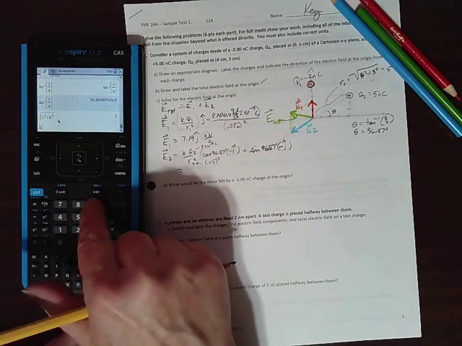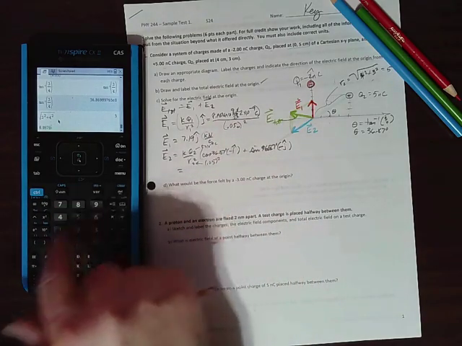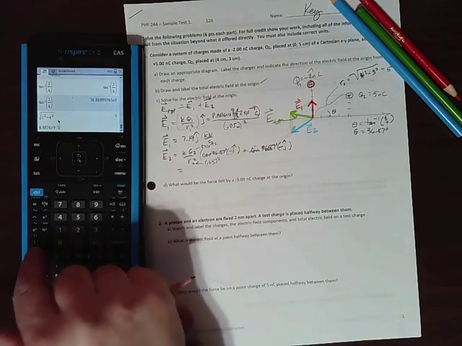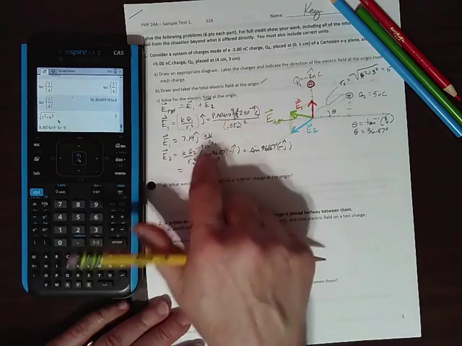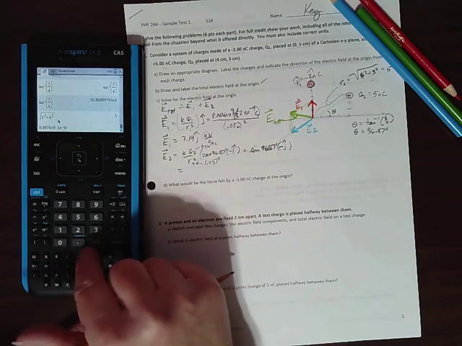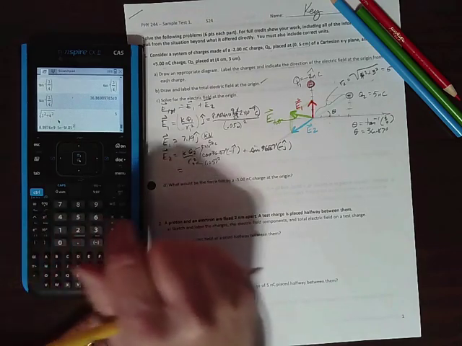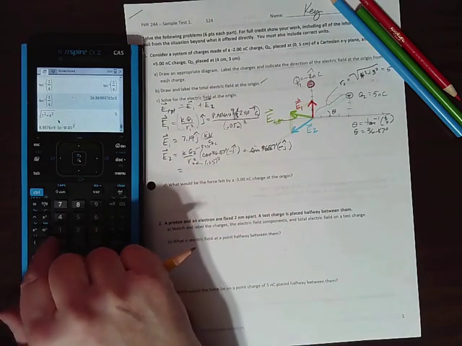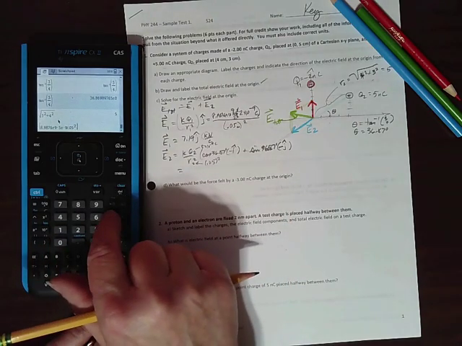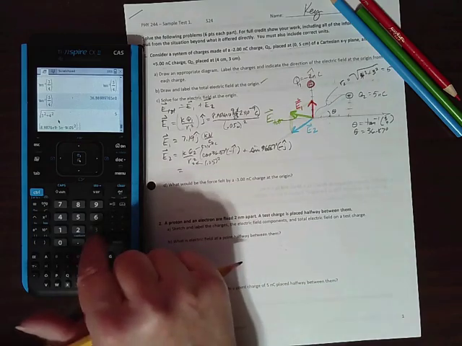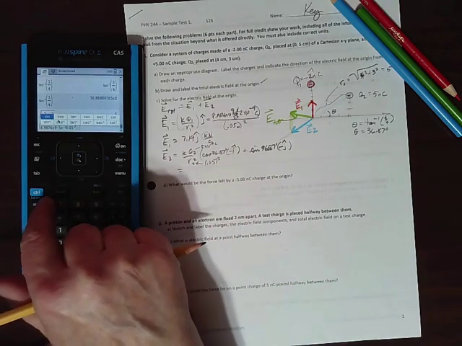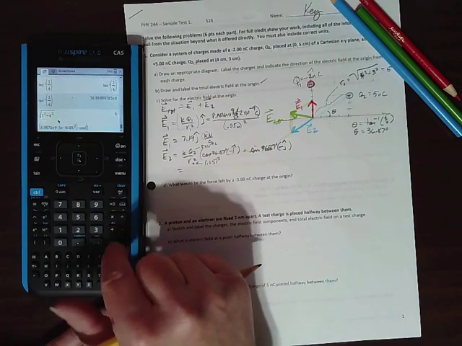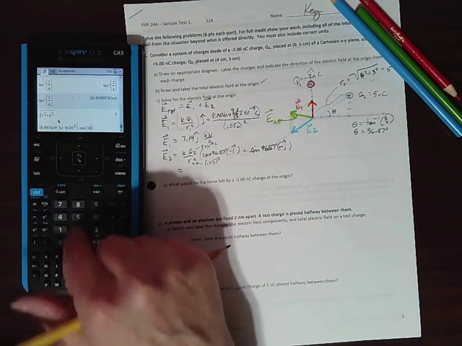So 8.9876 E9 for k, times Q, 5E negative 9, divided by 0.05 squared is the magnitude. Let's put that whole thing in parentheses and multiply by cosine of 36.87.